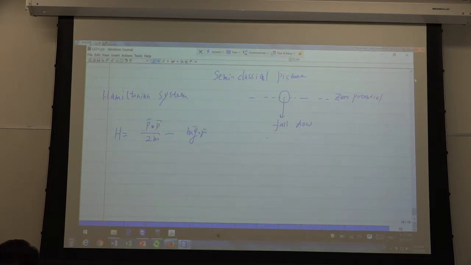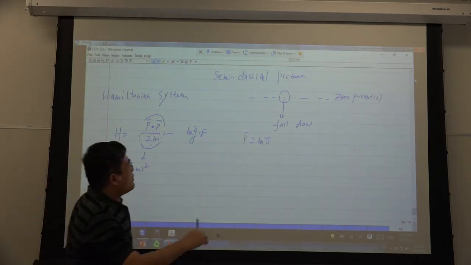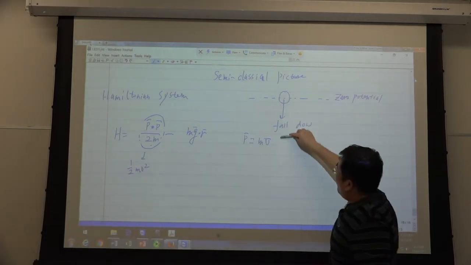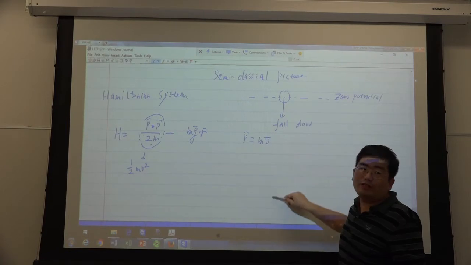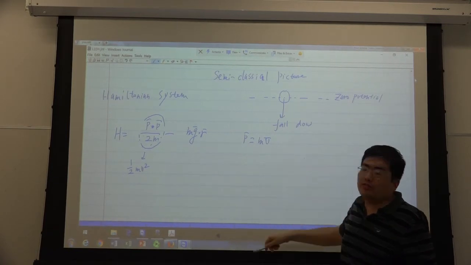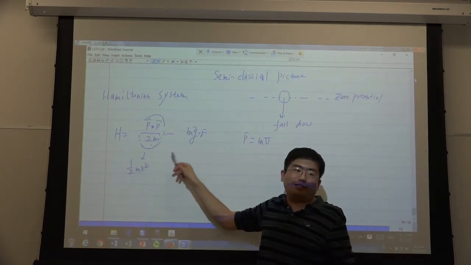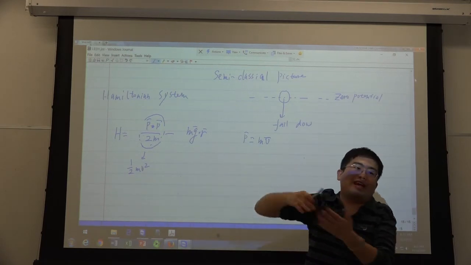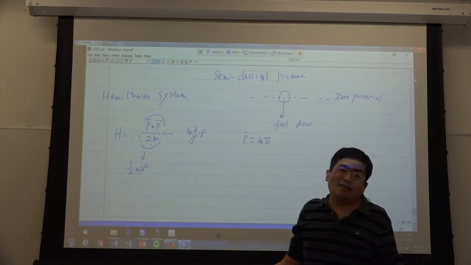P equals mv, so the kinetic energy is one half mv squared. This is energy conservation, right? When the sphere falls down, the kinetic energy will increase and the potential energy will decrease. Add them together, it is constant.